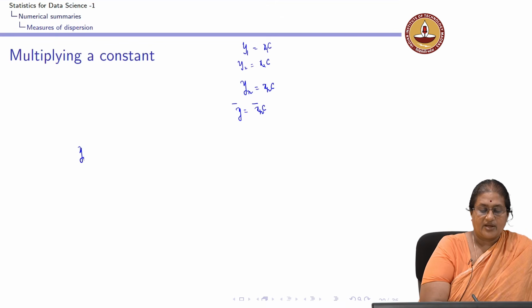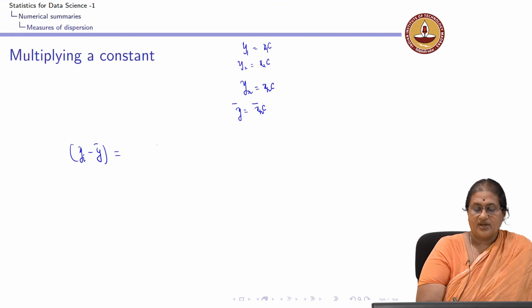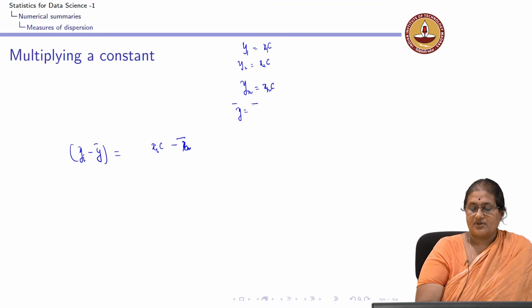So, my yi minus y bar is going to be xi times constant minus x bar times constant.